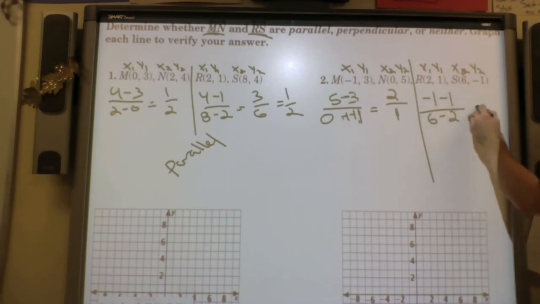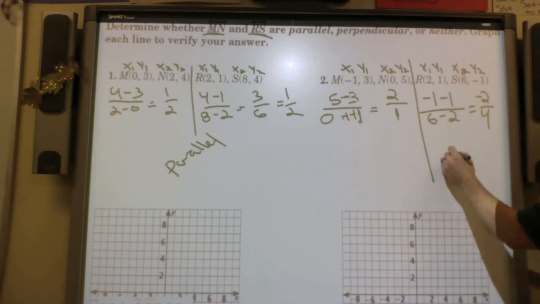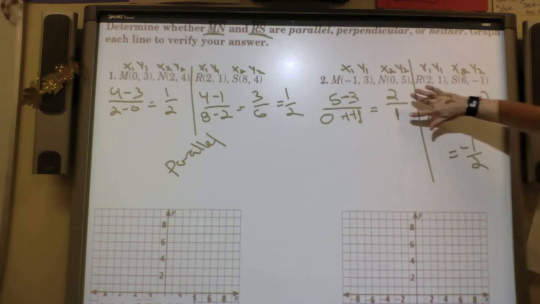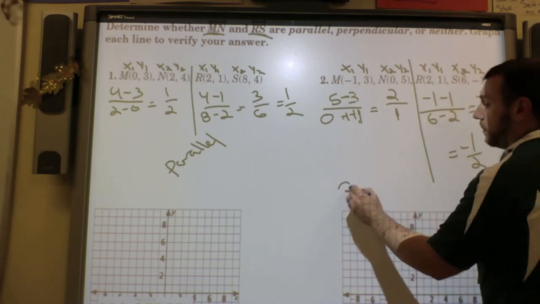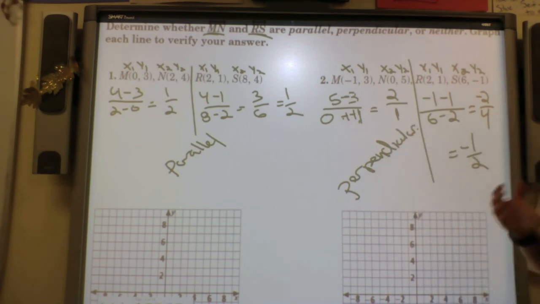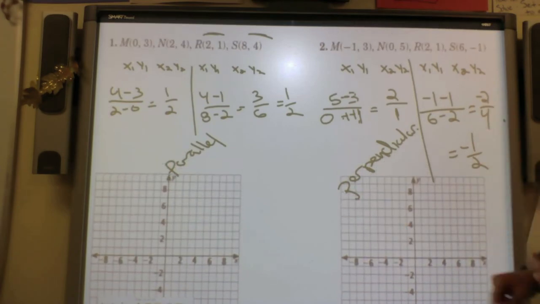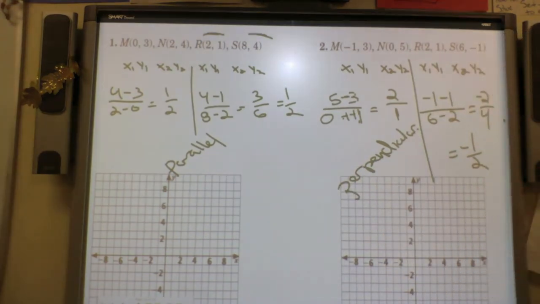Negative 1 minus 1, negative 2 over 4. Negative 2 over 4, that can be reduced down to negative 1/2. Again, look at the two slopes. This one's positive, this one's negative, and if I flip it, I come up with 1/2. So these are perpendicular. And I can verify that by graphing these, just plotting these points and then drawing the lines.